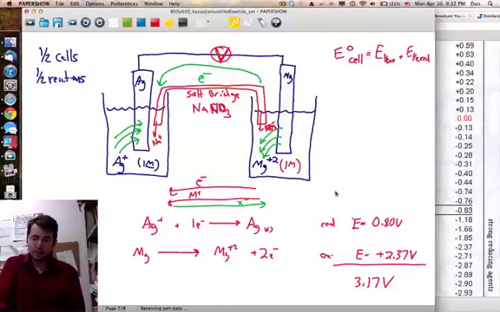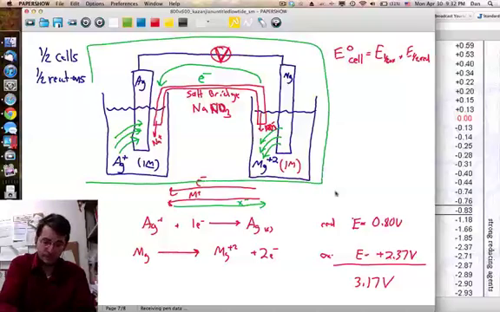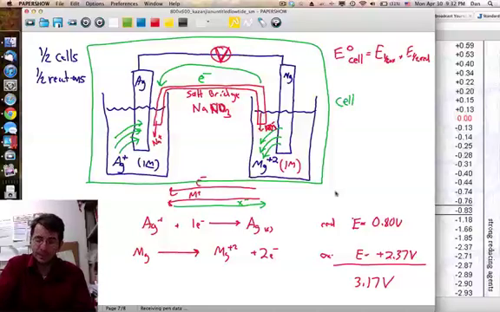So this whole component together is called the cell. It might be called a galvanic cell, depending on the materials. Within that cell, there are the two components, each of the half cells, and the salt bridge.